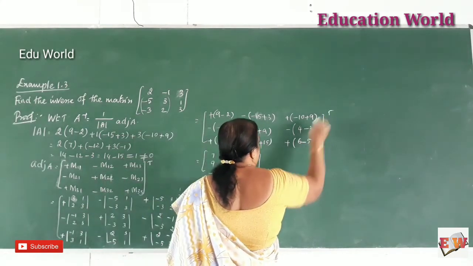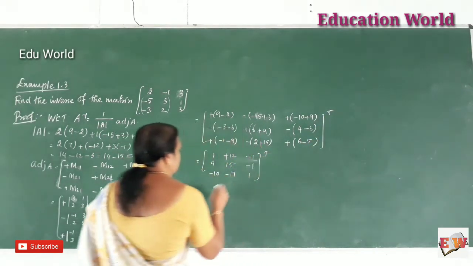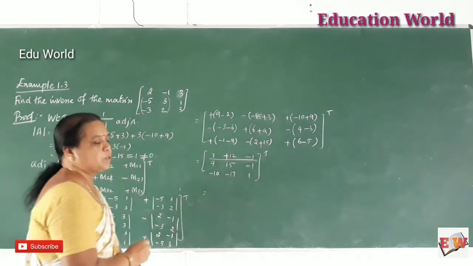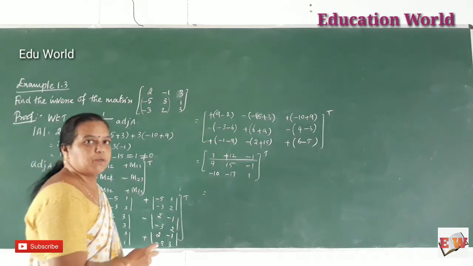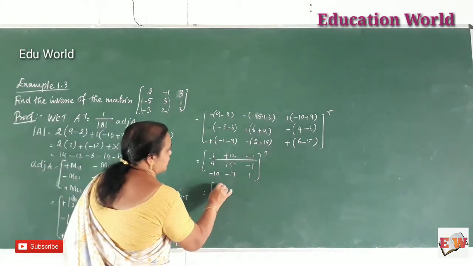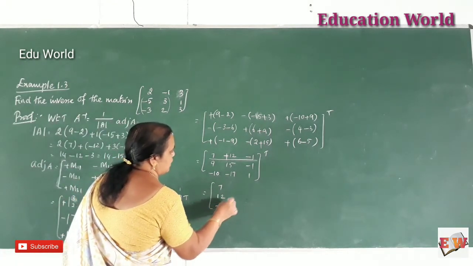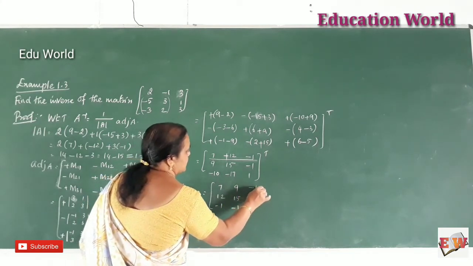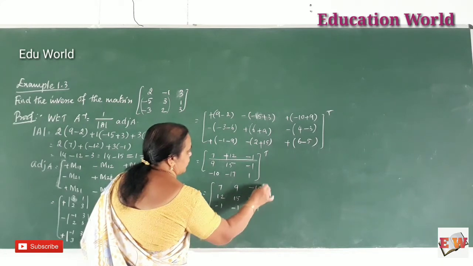We have to write the transpose. Transpose means we interchange the rows into columns and the columns into rows. Now I am going to do that: 7, 12, minus 1, 9, 15, minus 1, minus 10, minus 17, 1.